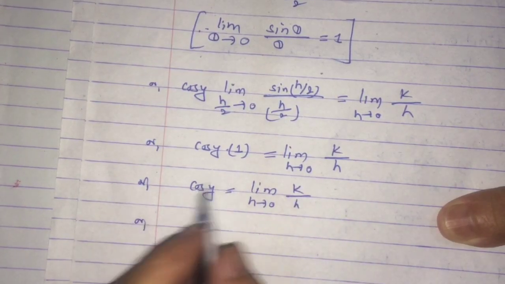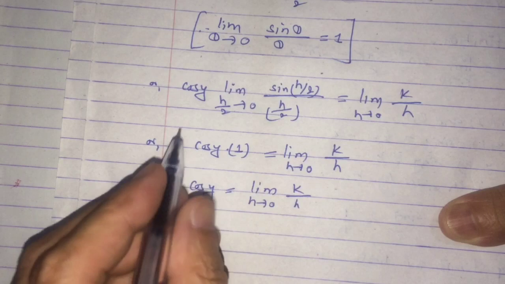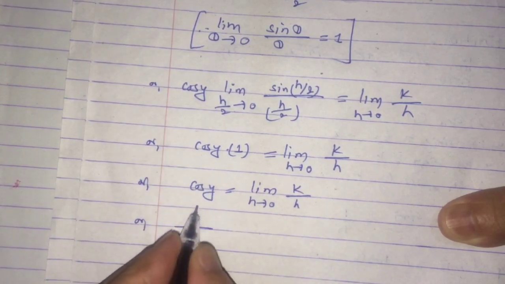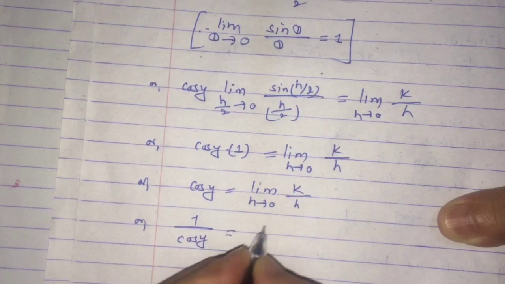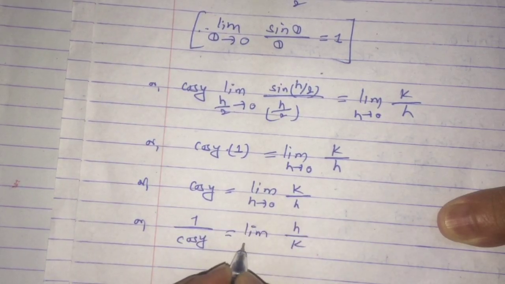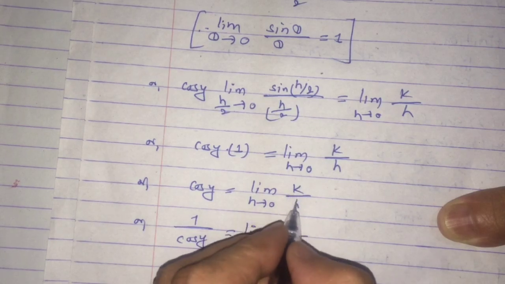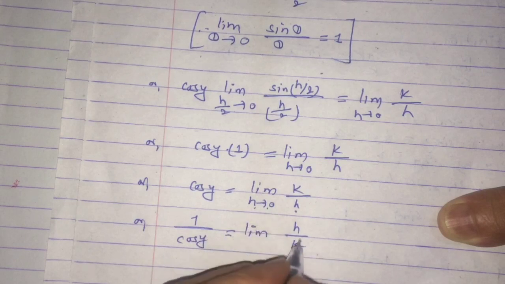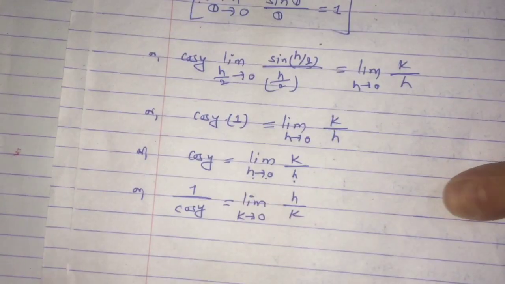Or let's take the reciprocal of this. By taking the reciprocal, we can write 1 by cos y is equal to the limit of s by k, and here we have to change the limit, because when k by s is there, we write s tends to 0. But if s by k is there, then s tends to 0 should be replaced by k tends to 0.